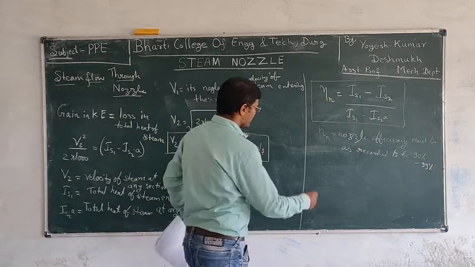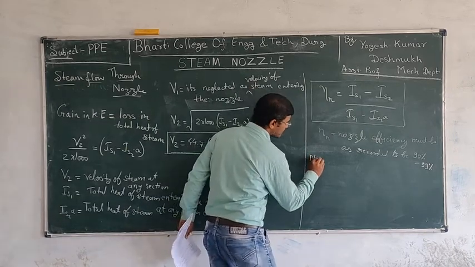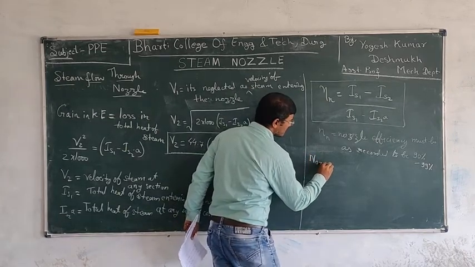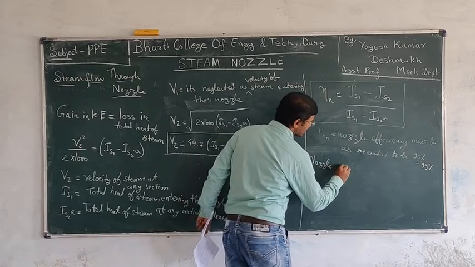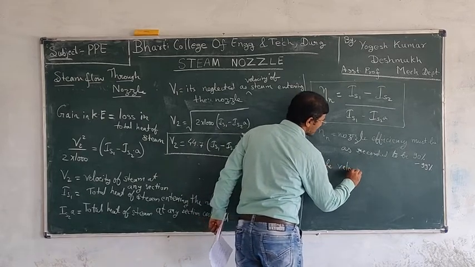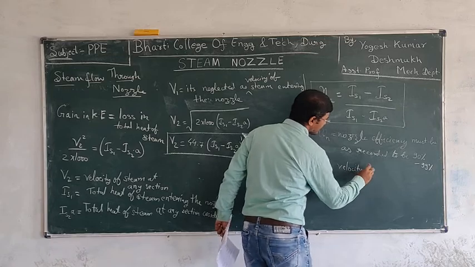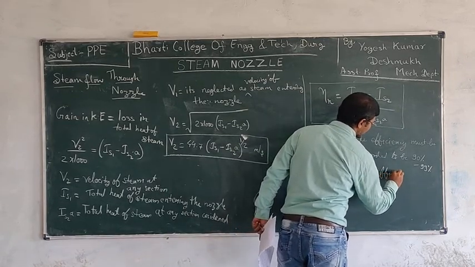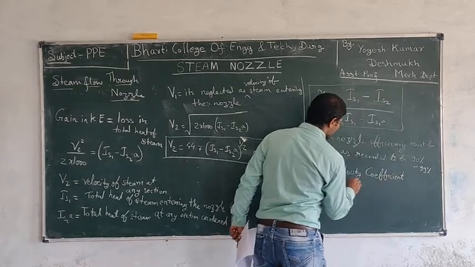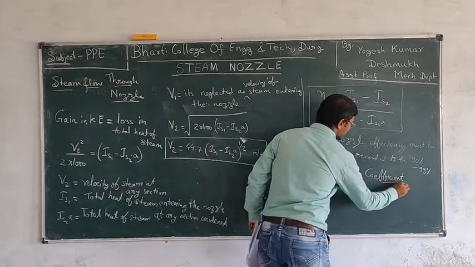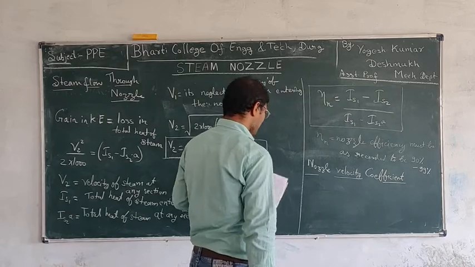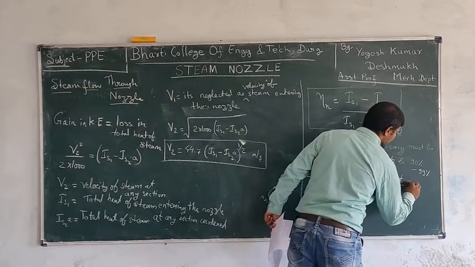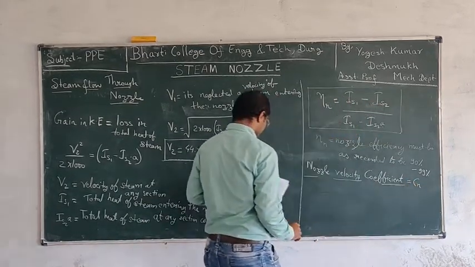Now we will calculate the nozzle velocity coefficient, that is Cn.